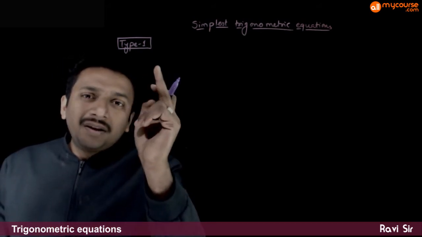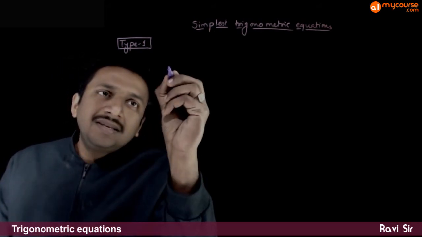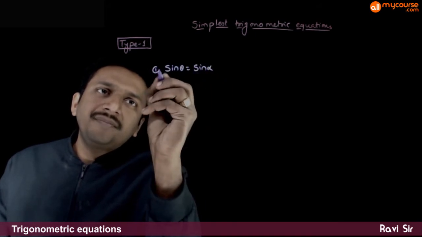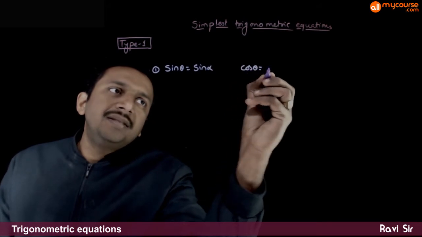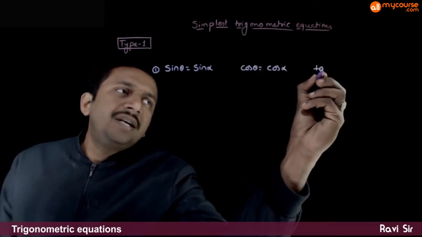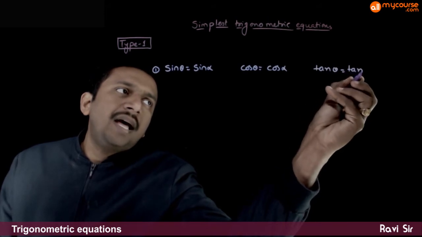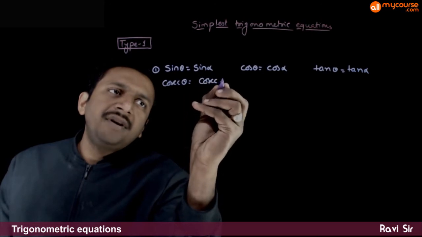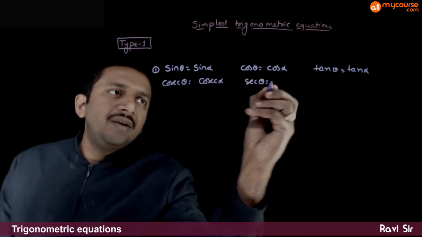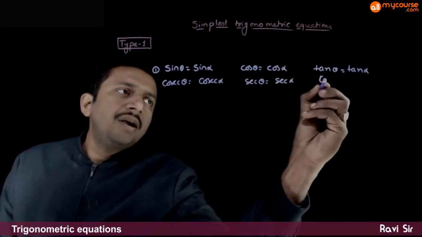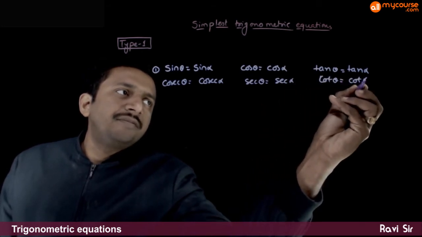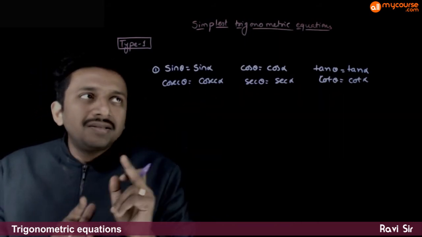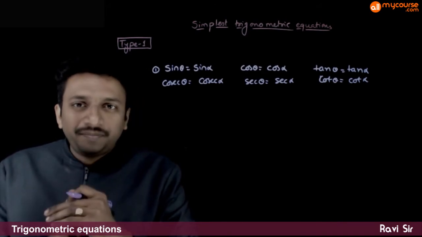Type 1 trigonometric equations look like sine theta is equal to sine alpha, cos theta is equal to cos alpha, tan theta is equal to tan alpha, cosecant theta is equal to cosecant alpha, secant theta is equal to secant alpha, cot theta is equal to cot alpha. If you have equations of this form, these are called simplest trigonometric equations of type 1.